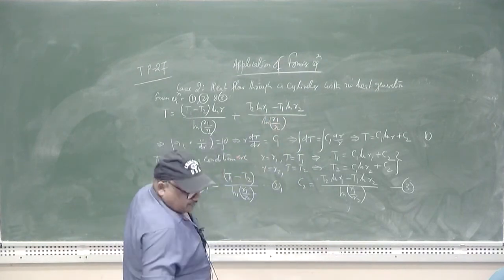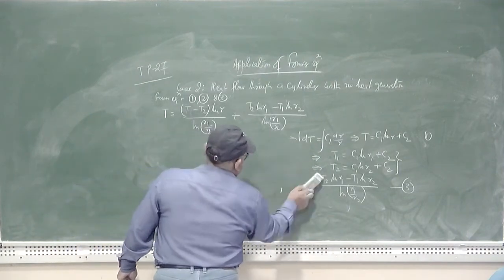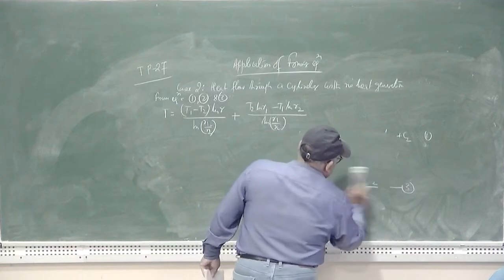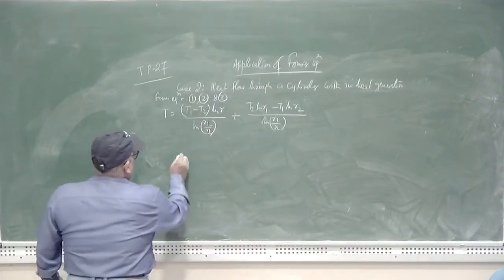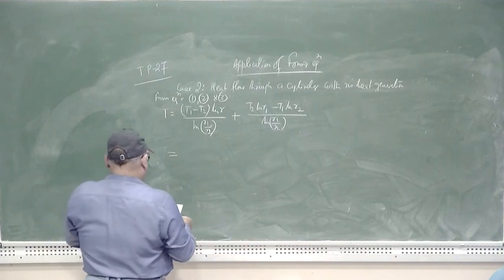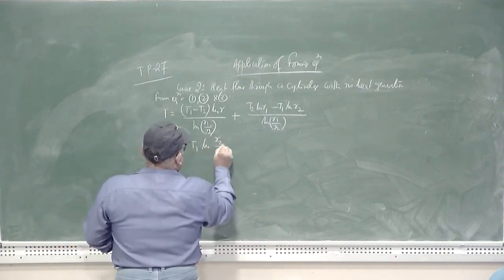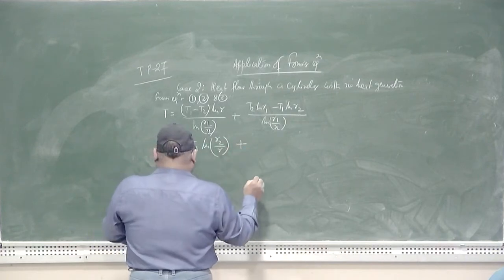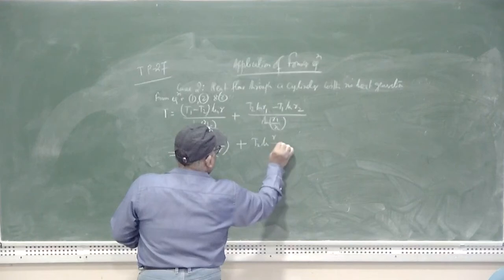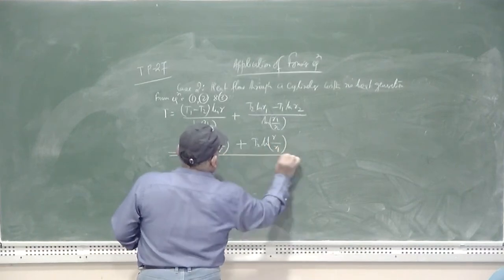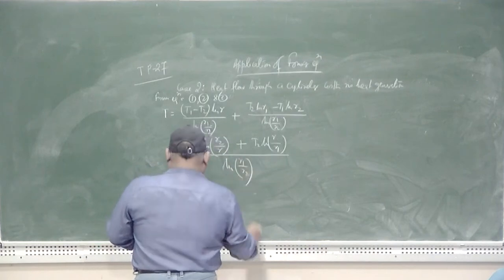When you further solve it, the final form of the equation that I am writing here will be T is equal to T1 ln R2 upon R plus T2 ln R upon R1, divided by ln R1 upon R2.